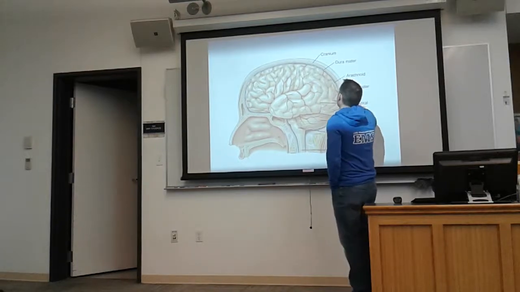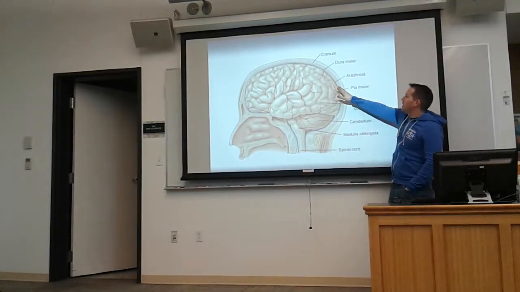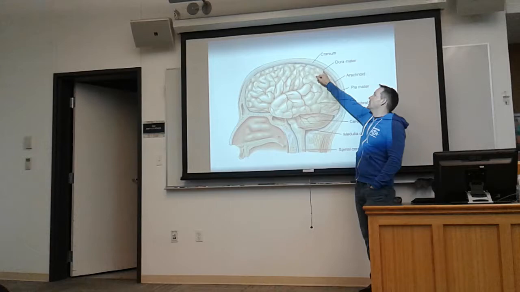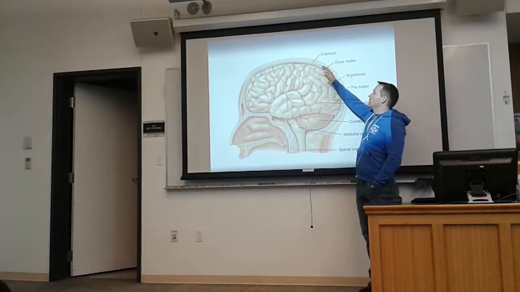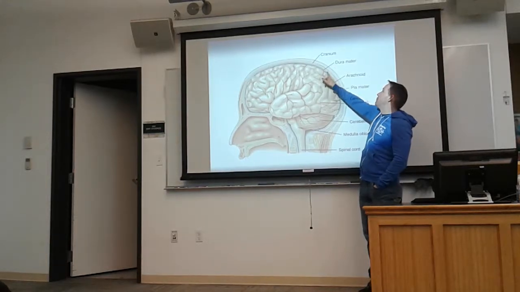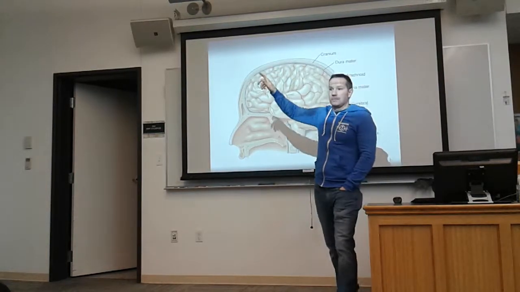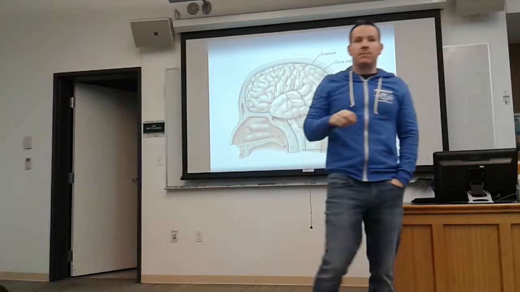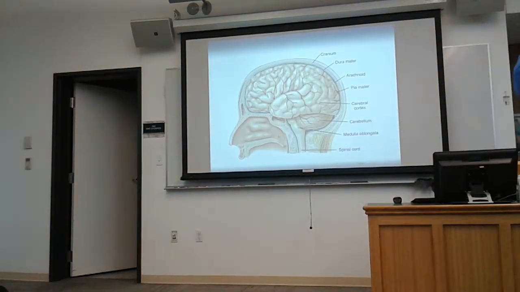If someone hits their head and develops a bleed inside the cranium, it's a closed head injury, but it's above the dura. That's an epidural hematoma, an epidural bleed.